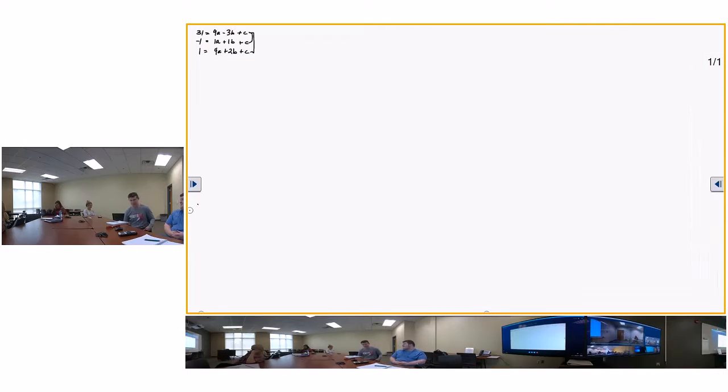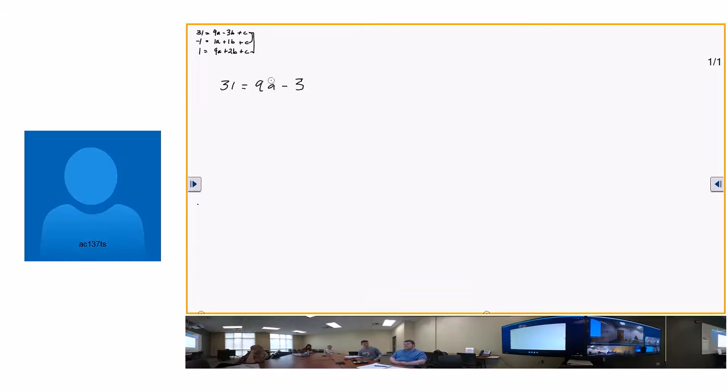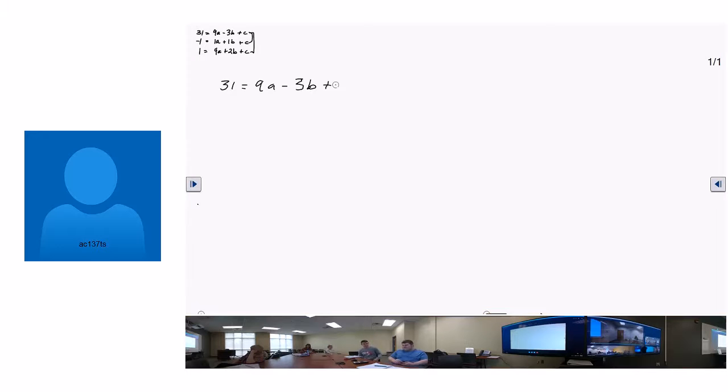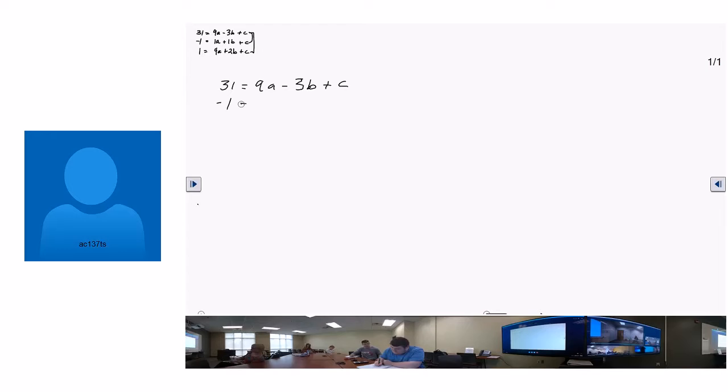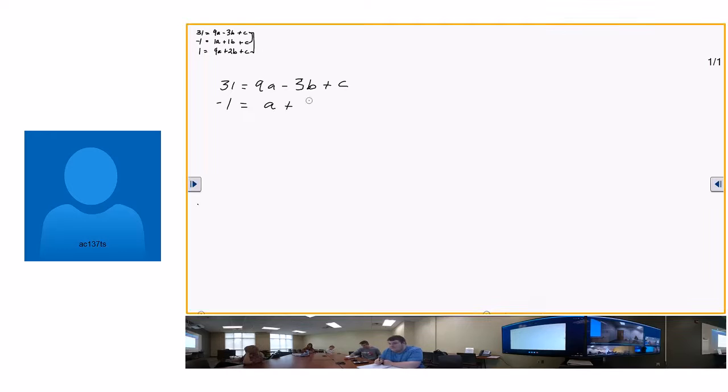All right, so here we go. 31 equals 9A minus 3B plus C. Make sure I don't mess up anything. -1 equals A plus B plus C. And I'm going to go over here.